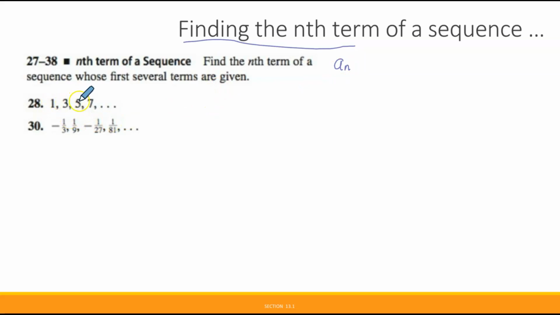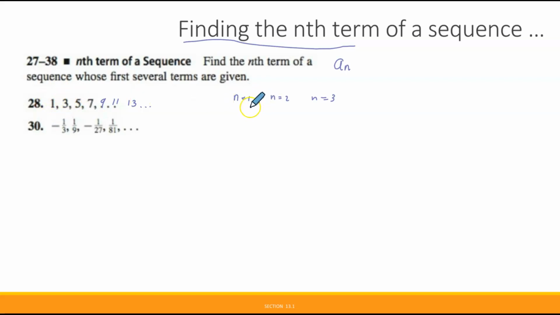Okay, so we got 1, 3, 5, 7. We could probably guess the next terms would be 9, 11, 13, and so forth. Also think about what n is equal to. n equals 1, n equals 2, n equals 3. If n equals 1, 2, 3, how can I get these numbers generated?